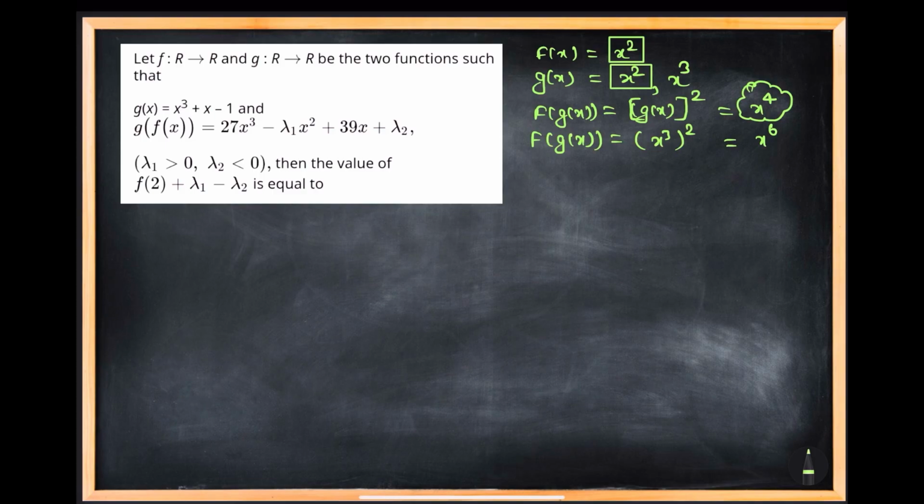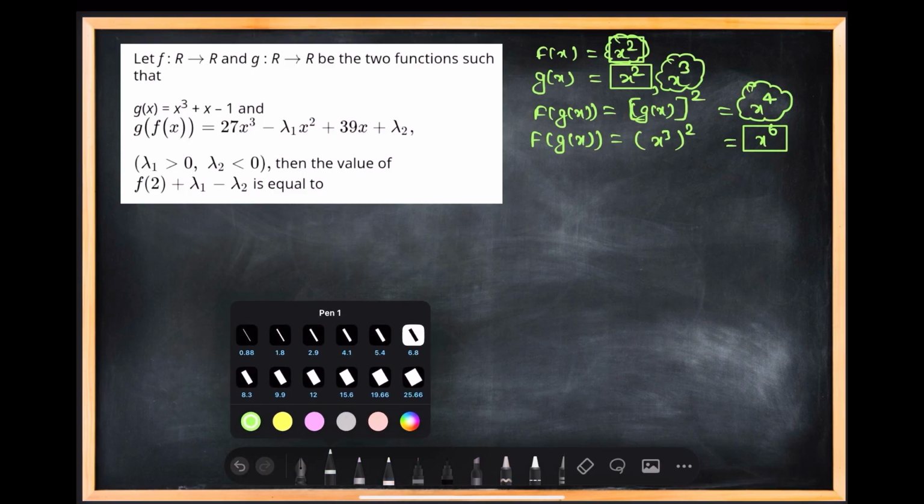Sir, I feel that the degree of the composite function depends upon the product of the degrees of f of x and g of x, because in the second case you have taken f of x as a 2-degree polynomial and g of x as a 3-degree polynomial. If we multiply 2 and 3, we get 6, which is the degree of f of g of x. Okay, so therefore you can connect with the degree of the polynomial.